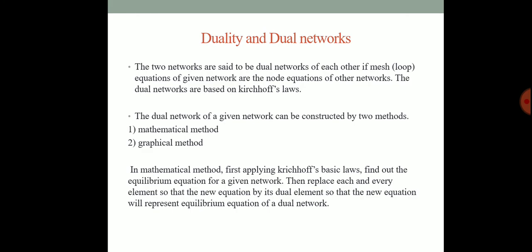The dual network can be drawn for AC as well as DC circuits, as well as for resistance and impedance. A dual network is constructed by two methods. Number one, mathematical method. Number two, graphical method.